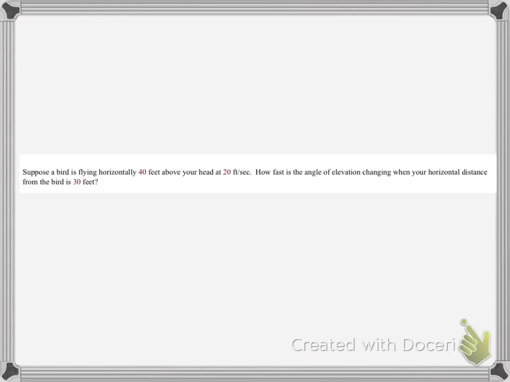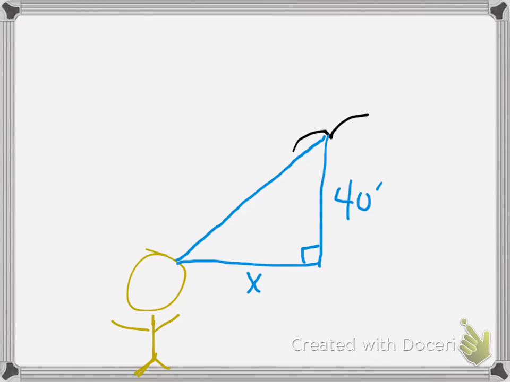It says when the horizontal distance is 30 feet. That distance is changing, and so we don't want to put 30 there because that gives a misunderstanding of the fact that this is a dynamic situation. Things are changing, whereas our picture is static, so we have to represent as best we can a dynamic situation in a static picture.